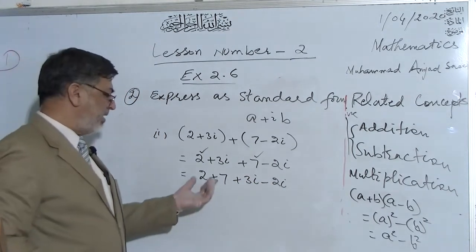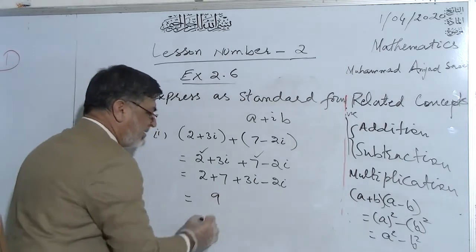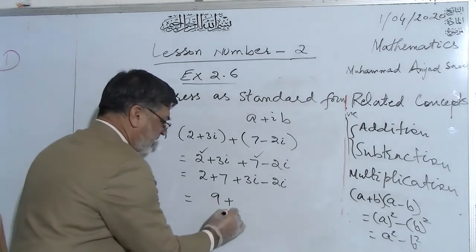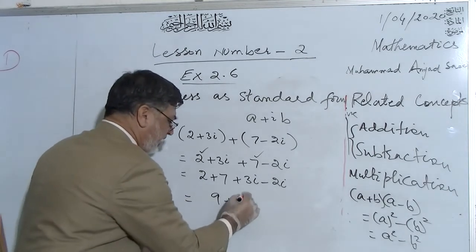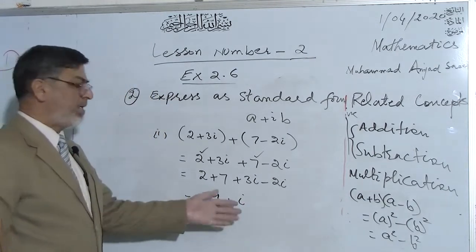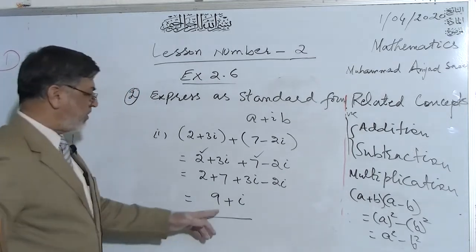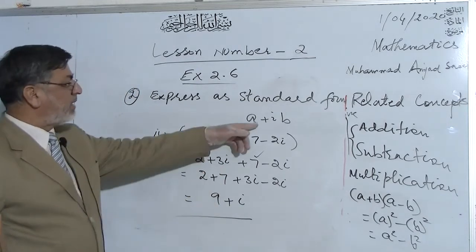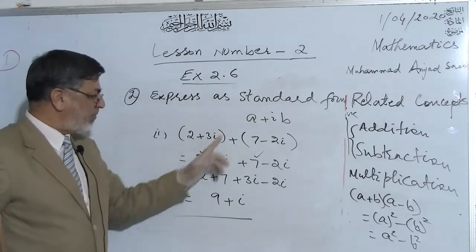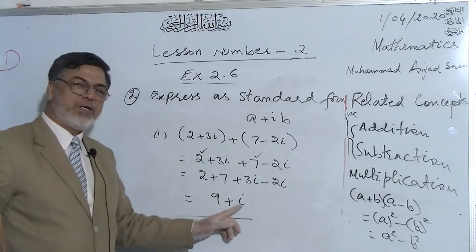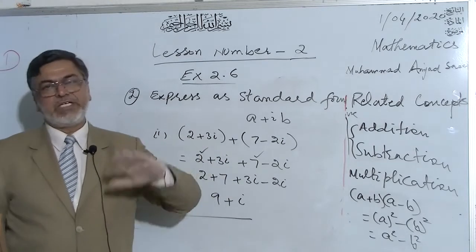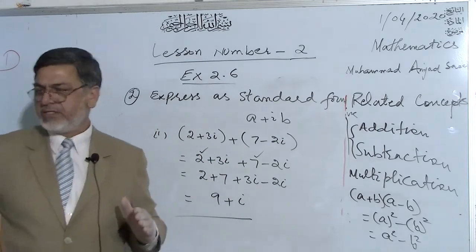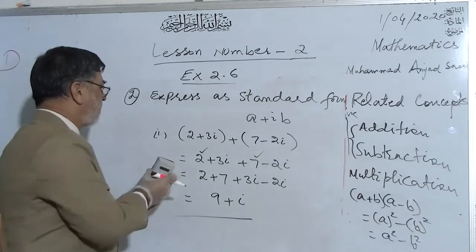Here you can see 2 plus 7 is 9, and plus 3 iota minus 2 iota is 1 iota, no need of writing 1. So 9 plus iota, that is your required answer, which is like this one, a plus iota b. This is the real part and this is the imaginary part. So in this way we can solve addition and subtraction questions here.